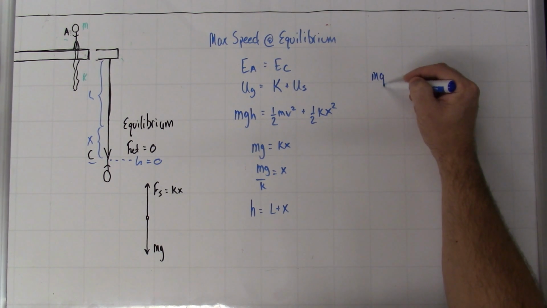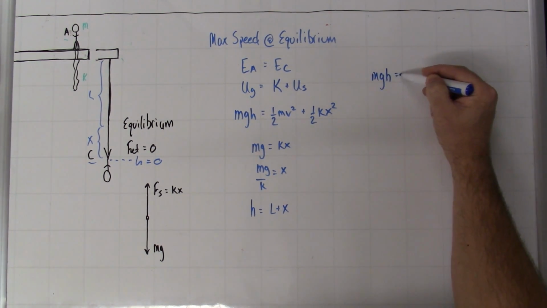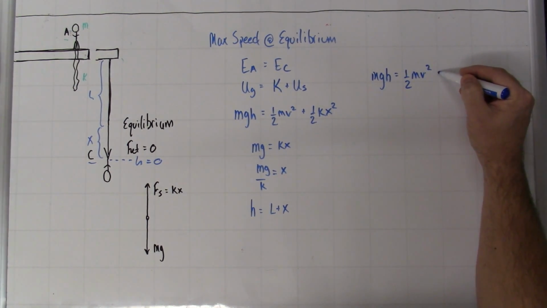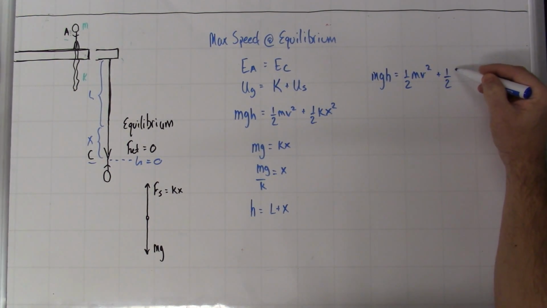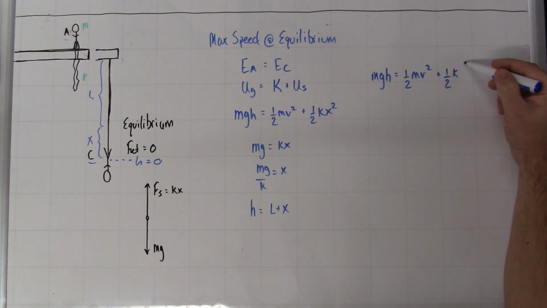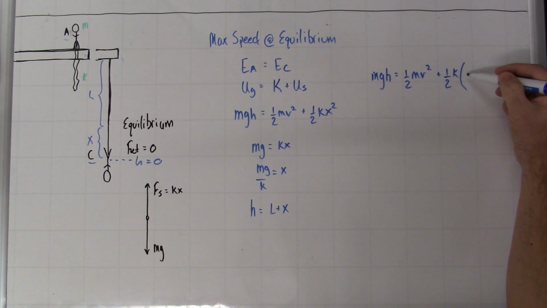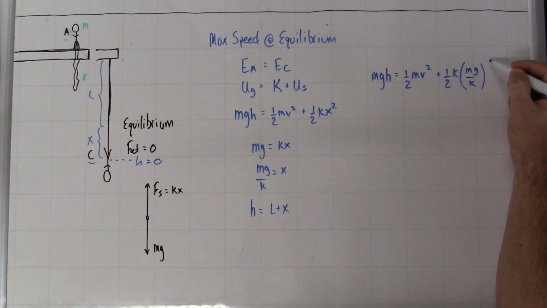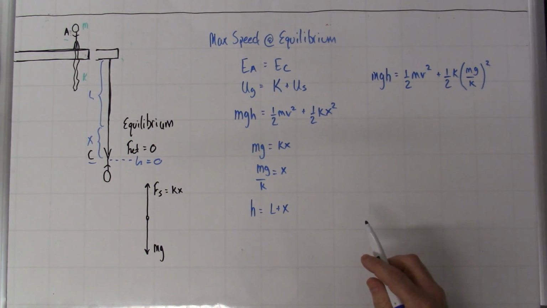So I have mgh is equal to 1/2 mv squared, that's the kinetic energy, plus 1/2 k, and if I substitute in for x, I have mg over k all squared.